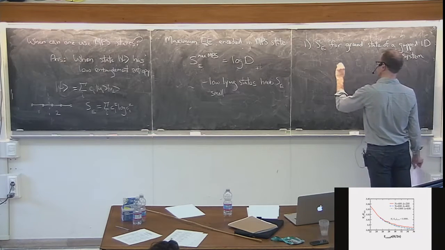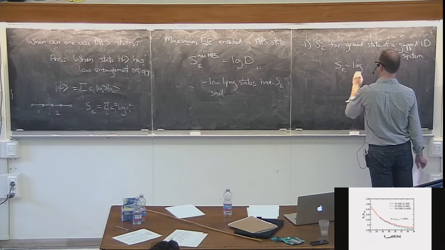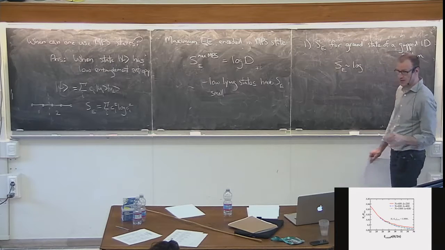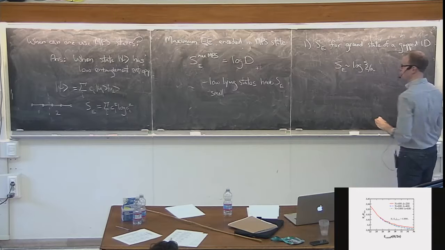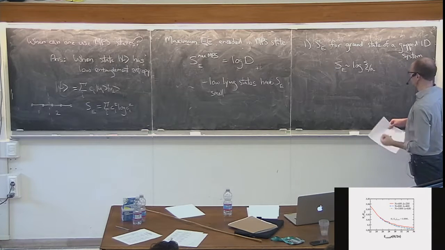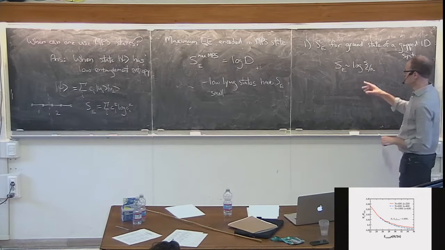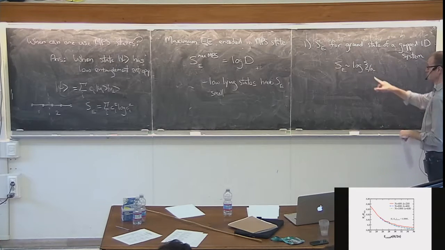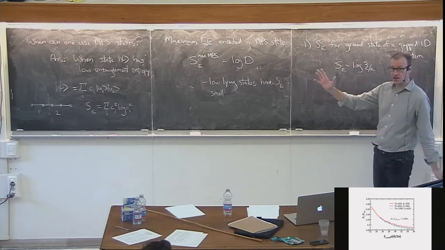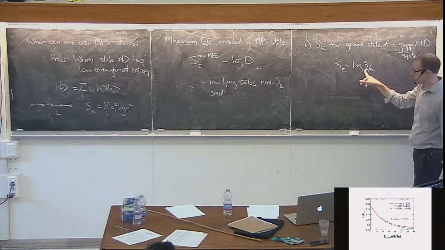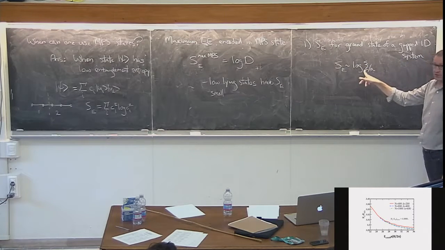You can show, under rather generic considerations, that the entanglement entropy is the log of the correlation length in the system over some lattice spacing. That's what I mean by small.